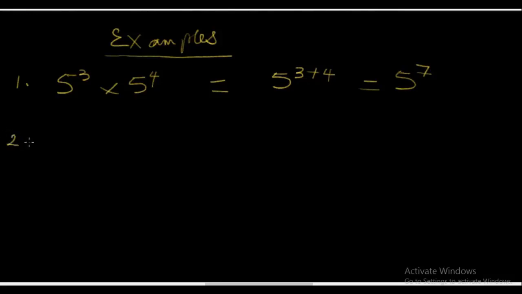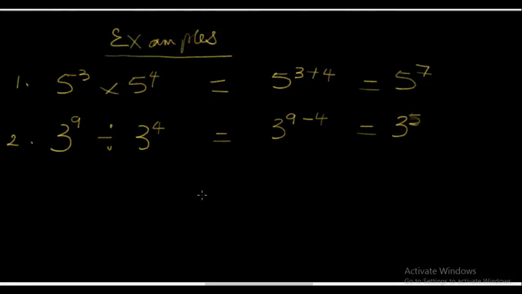Now example 2: 3 raised to the power 9 divided by 3 raised to the power 4. This is division, so 3 raised to the power 9 minus 4, which is equal to 3 raised to the power 5.